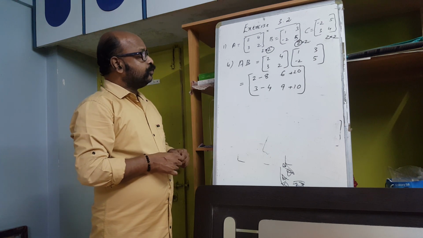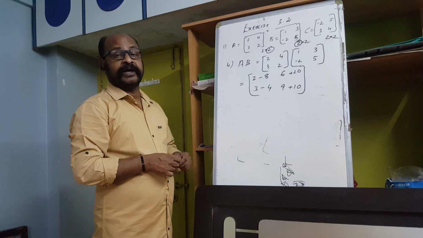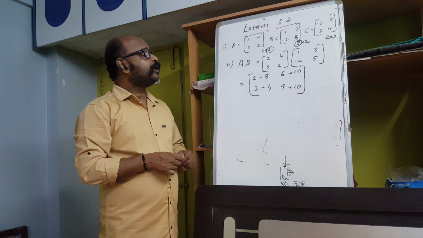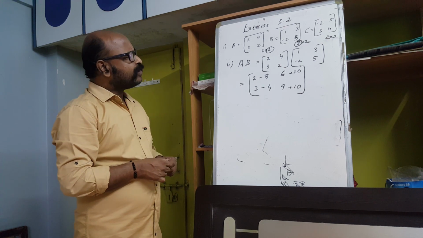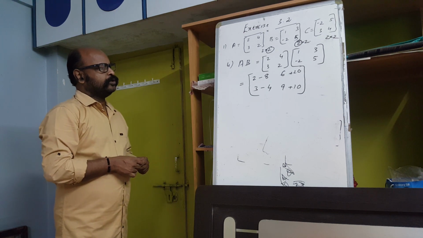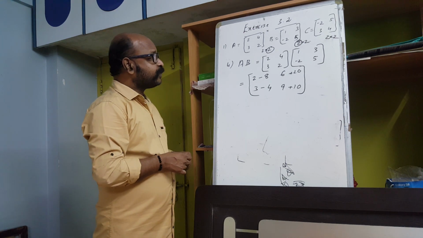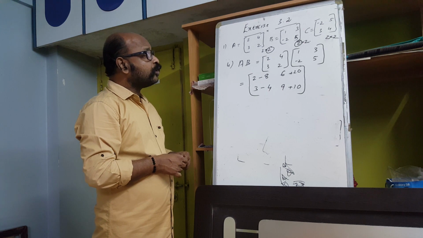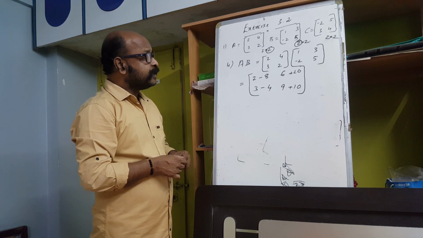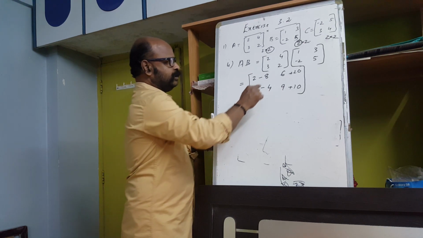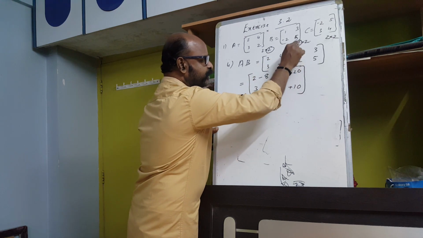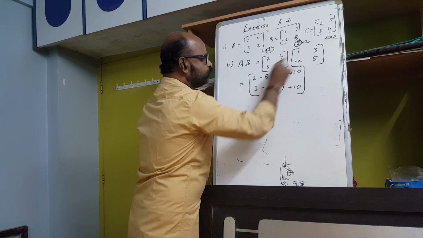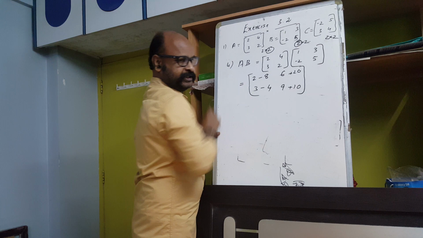We apply row by column multiplication. The first row of A multiplying by the first column of B means multiplying the corresponding elements. So 2, 4 multiplied by 1, minus 2 means 2 into 1, 2, 4 into minus 2, minus 8.